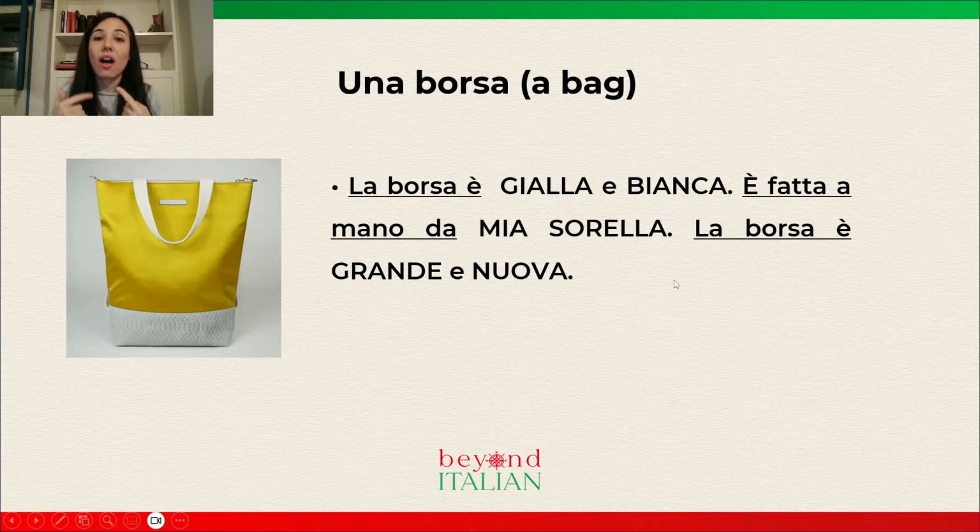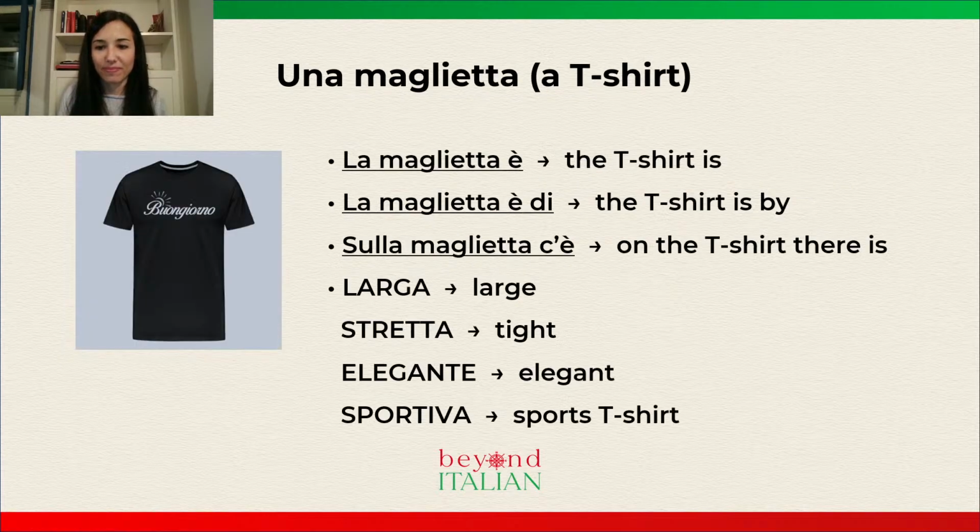Let's see now how to describe the t-shirt. So, una maglietta, a t-shirt. La maglietta è, the t-shirt is. La maglietta è di. So now we will see how to use this expression to refer to the brand.